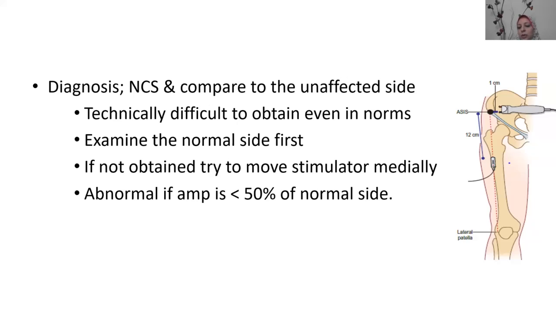It's a small amplitude response and needs to be averaged. Also, as I mentioned, it must be compared to the other side to know the percent of axonal loss. If the amplitude is less than 50% of the normal side, it's affected.